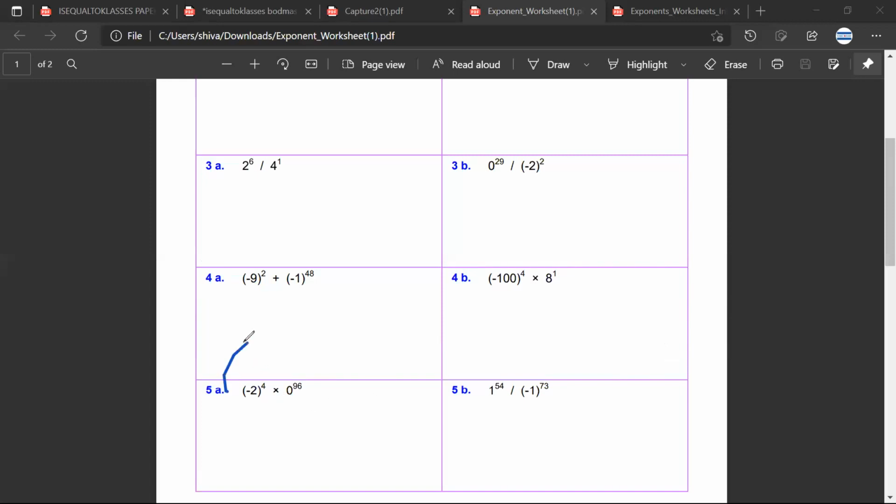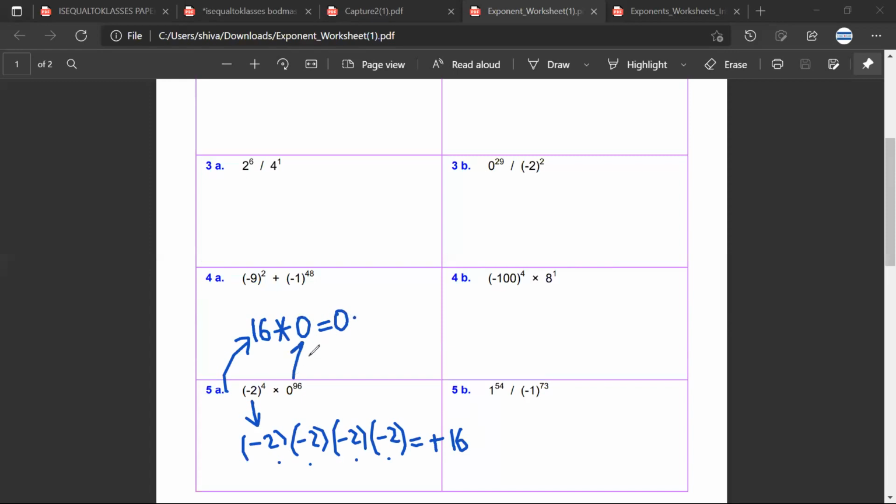What would this be equal to? Sarthak, have you understood? Yes, sir.